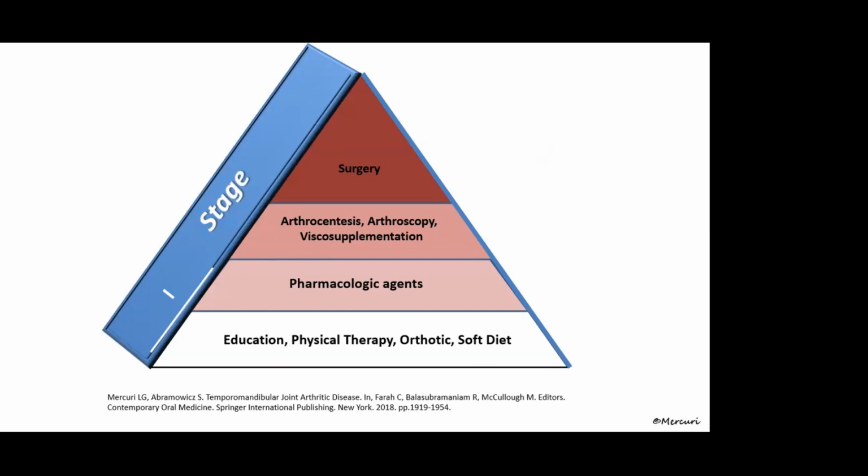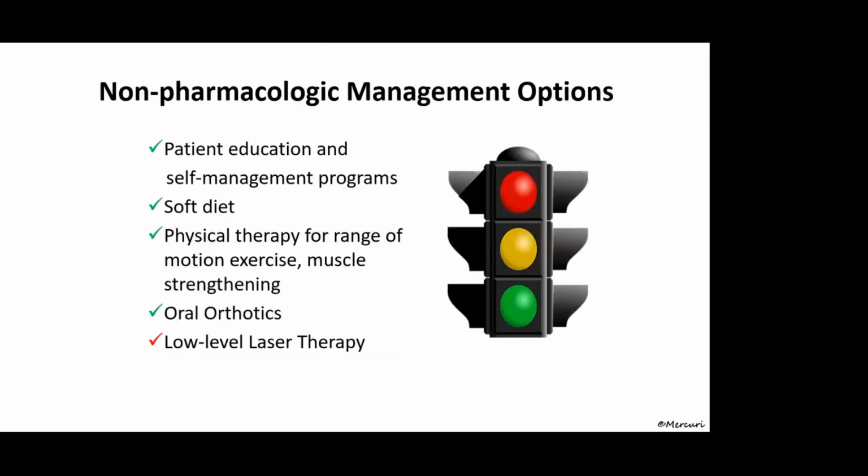And we start with the simplest thing: education, physical therapy, orthotics, or oral appliances, and soft diet, and gradually move up the scale. And that's what we're going to talk about next: how we move up the scale and what works at each level based on the literature.